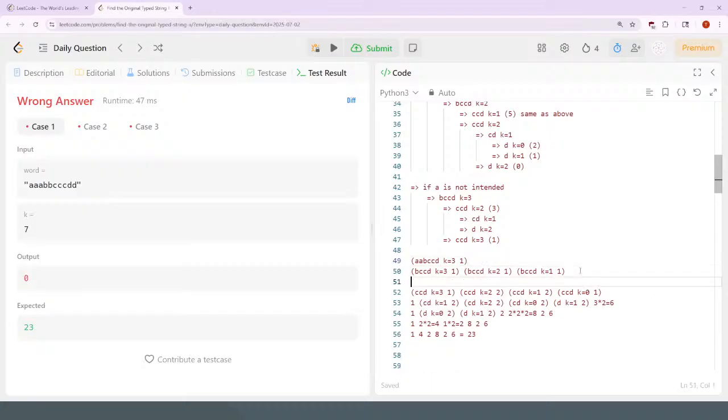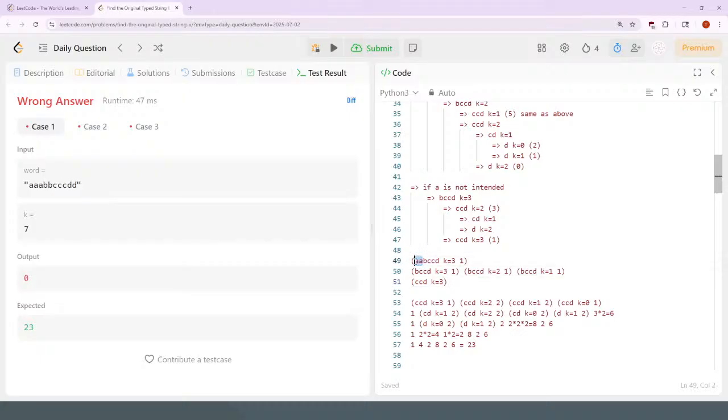I need to go streak by streak. Okay, so the streak of B. If I do the first B is intended, then ccdk equals 3. No. First B is not intended, so ccdk equals 3. What am I trying to do here? So I'm trying to go by streaks.